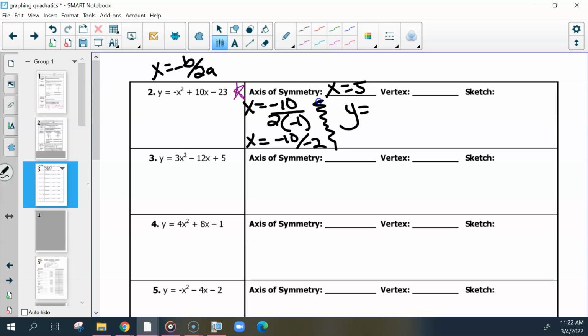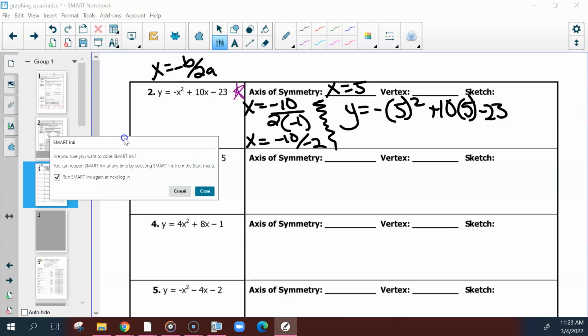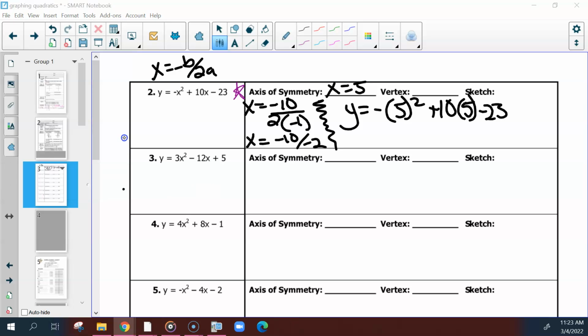y equals negative 5 squared plus 10 times 5 minus 23. And then we can put all of that in our calculator.